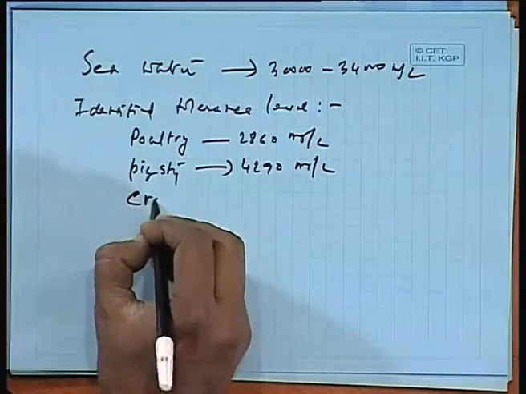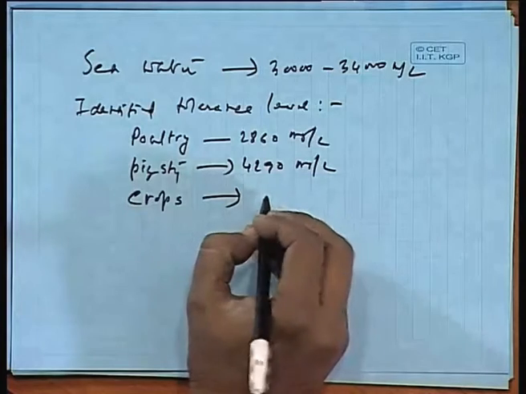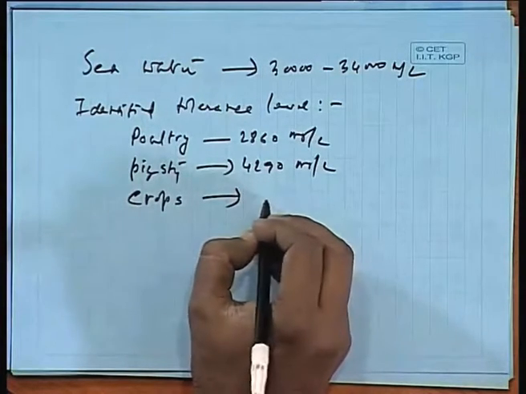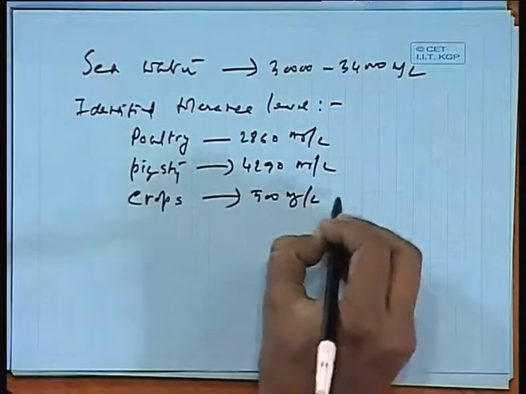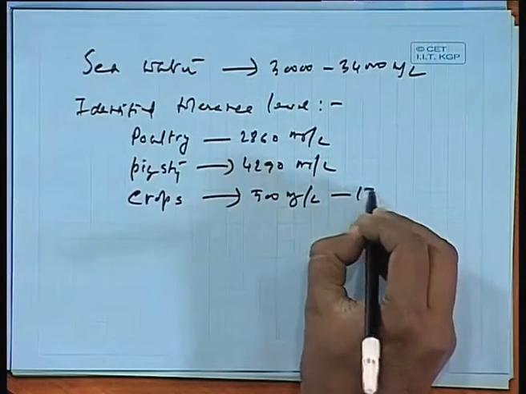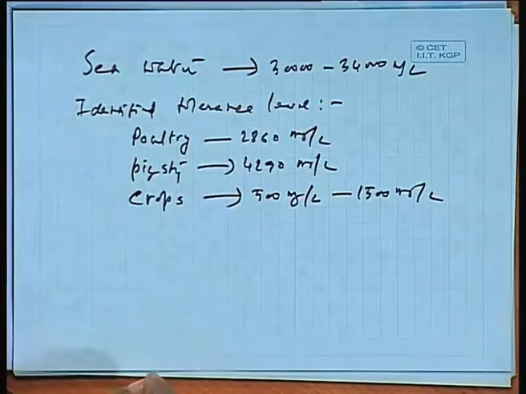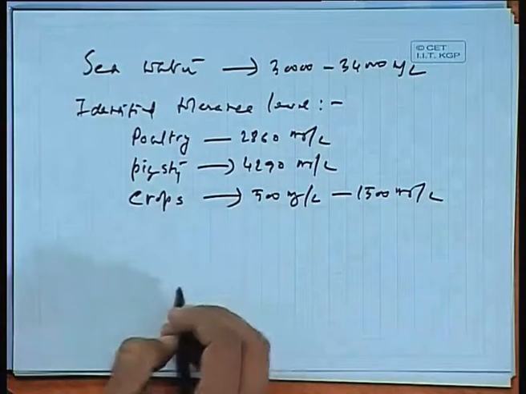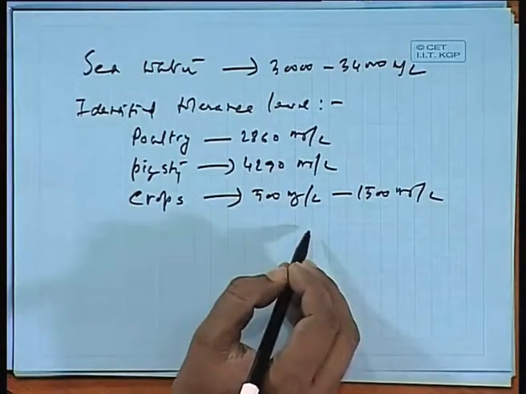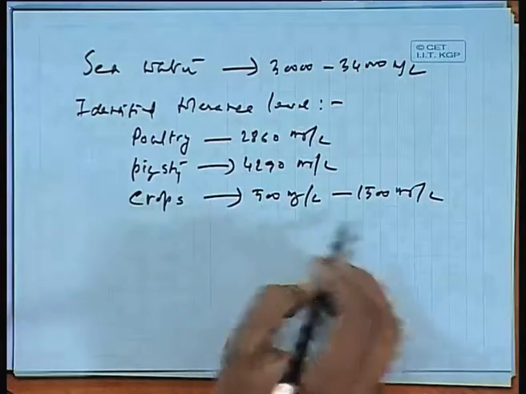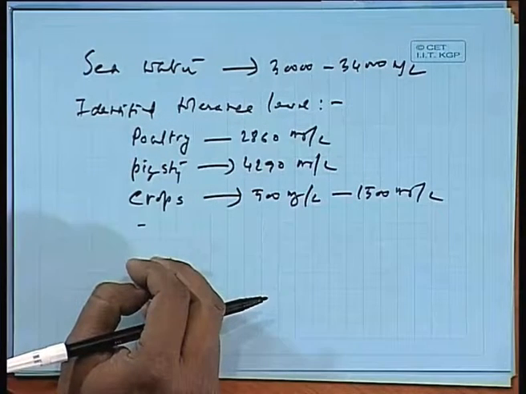And for crops, depending on the different varieties of crop, the identified tolerance level is about 500 milligram to 1500 milligram per liter. So if the TDS is more than this, the water would be mostly unusable for our purposes.